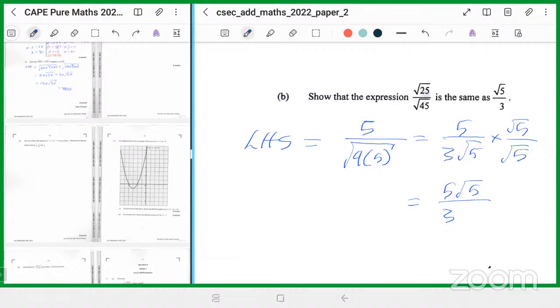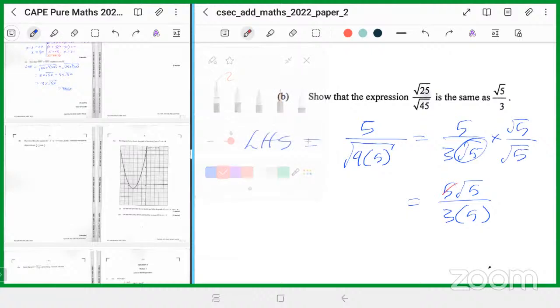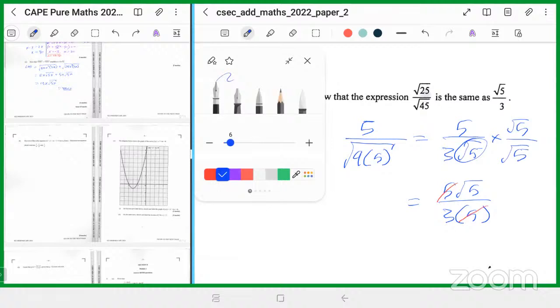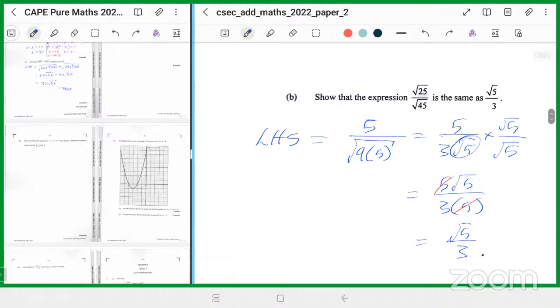This is this 3 right here. Root 5 times root 5 is 5. So these cancel now. This and this cancel. So you're left with root 5 over 5, root 5 over 3. Root 5 over 3. Easy stuff.